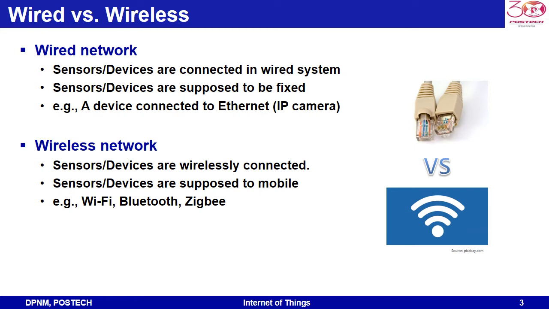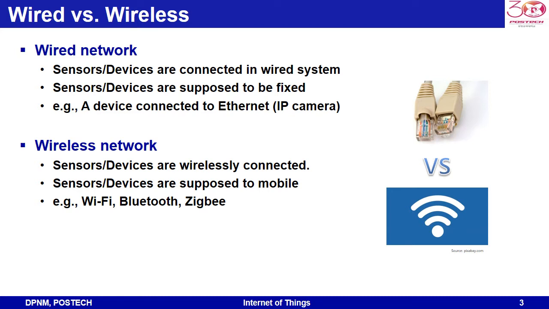In a wireless network, devices are not connected to any wires, but they communicate using wireless networking technologies. They typically are mobile devices, such as our smartphones and smartwatches. Wi-Fi, Bluetooth, and Zigbee are examples of wireless networks.